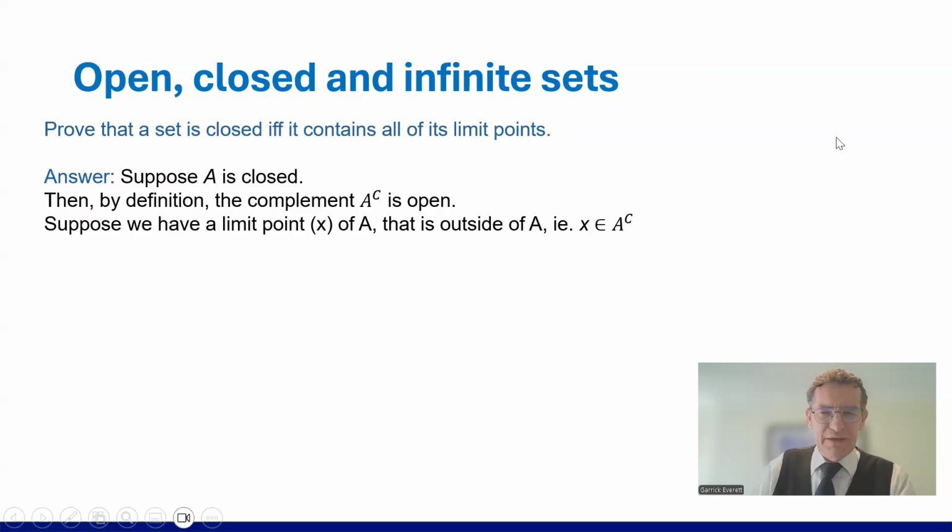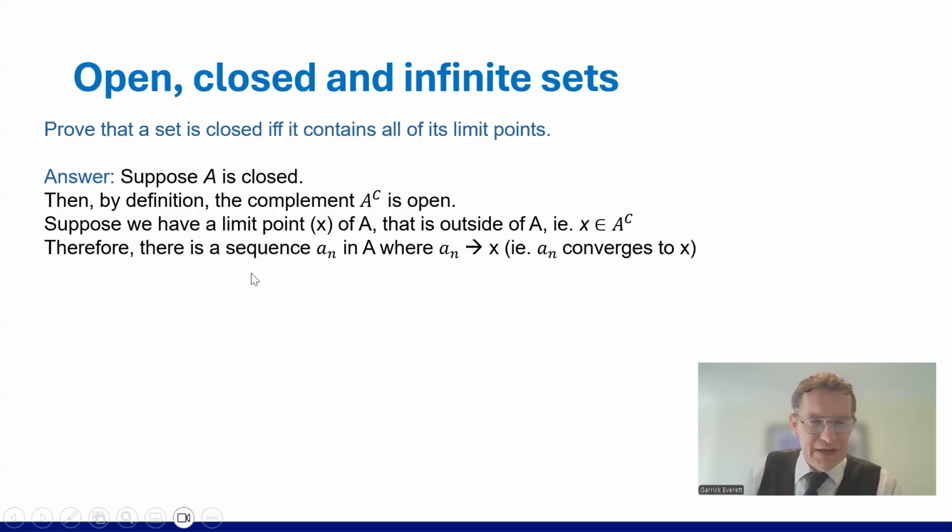So you've got A, and A complement is the rest. We're going to say this limit point of A exists outside. It's in A complement. So therefore there's a sequence a_n in A where a_n goes towards x.